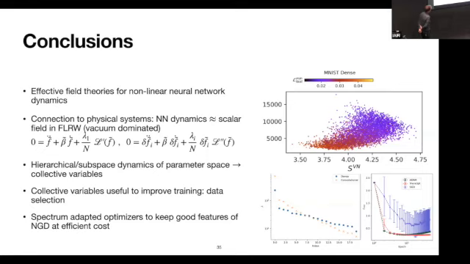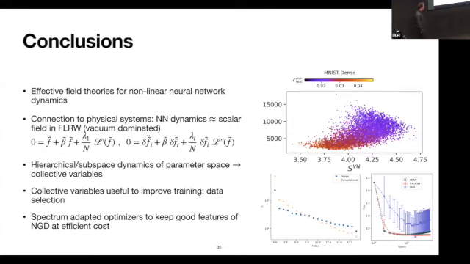We do see in this NTK framework and in this approach that there's a hierarchical suppression in the eigenvalues, and this leads to only a subspace being relevant for the dynamics, and this can be addressed with collective variables.